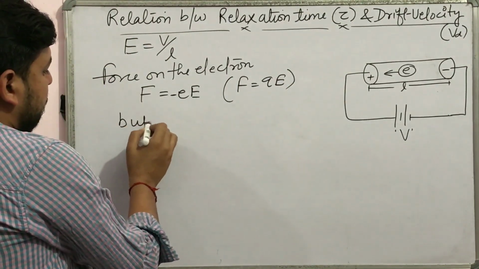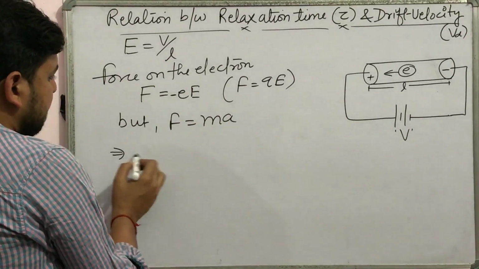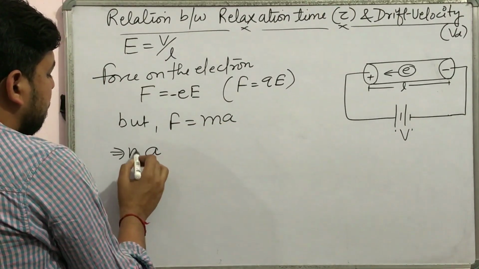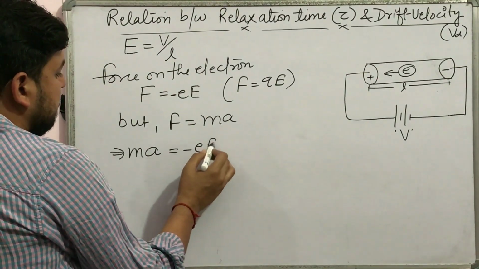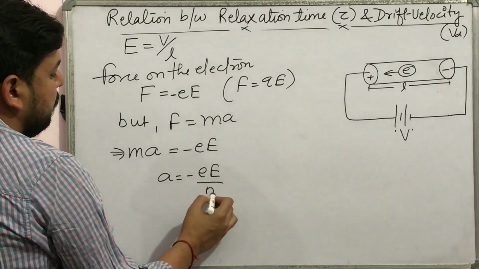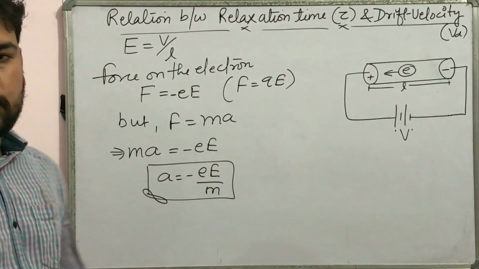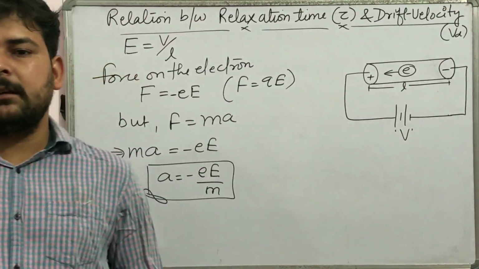But this force F is equal to mass into acceleration. So here acceleration a is equal to minus eE upon m. That is the acceleration of the electron when it drifts.